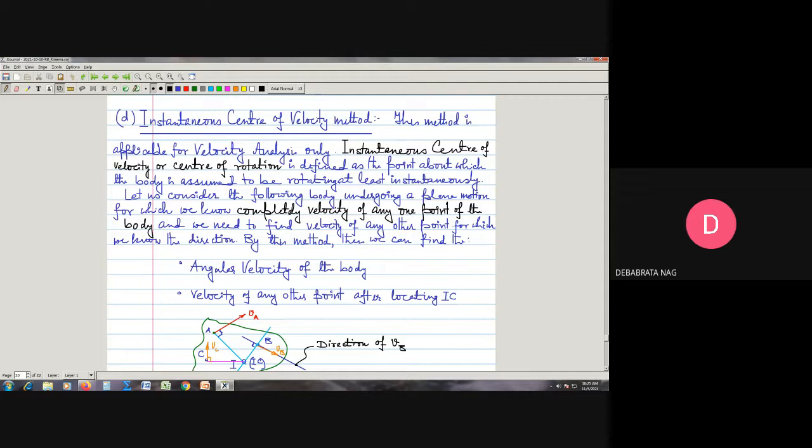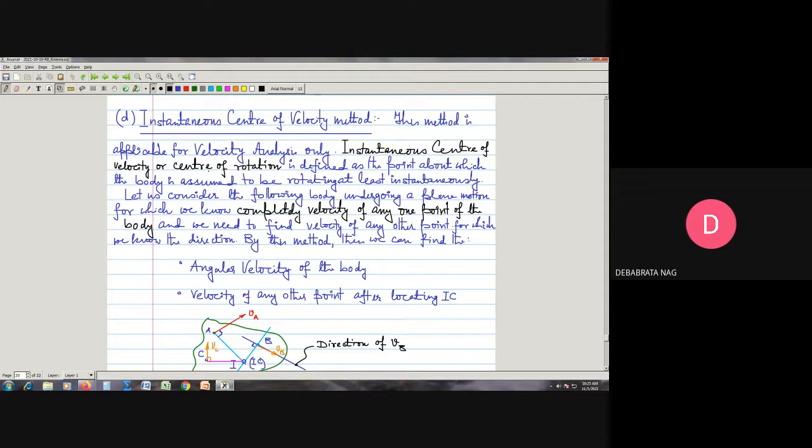In fact, it will be the center all through the period of motion, since the body is rotating about that fixed point. So obviously that point will be a permanent center of rotation, not an instantaneous center of rotation.